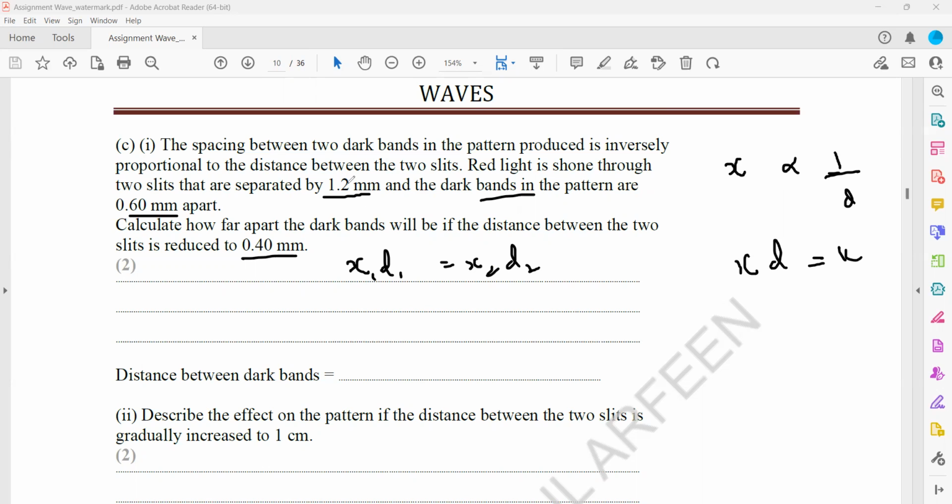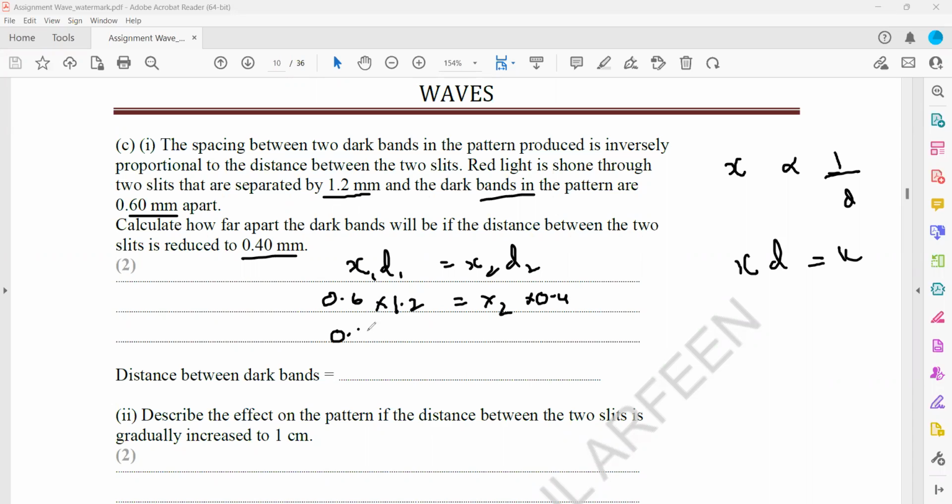Here I don't need unit conversion. So I have 1.2 here. This is 1.2, the distance, and the gap is 0.6, equal to how far the dark band we need, x2, and the distance is then 0.4. So we just simplify this.